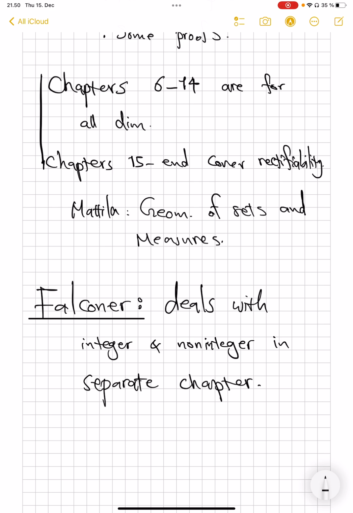So they deal with, for example, the range s between 0 and 1, and then they talk about s equal to 1, and then s equal to an arbitrary integer, and then s non-integer and bigger than 1, things like that. So that book also has a clear breakdown of the range of dimensions.